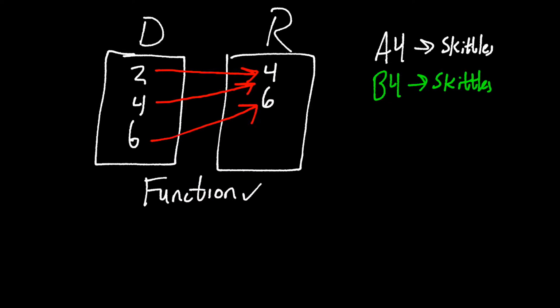What you can't have in a function is, let's say that I had 6 not only going to 6, but to 8 as well. That is not a function. That's bad. Because of 6 having 2 partners, it wouldn't work. That's like saying, I'm going to type in C10 in the vending machine, and it accidentally gives me 2 different items.